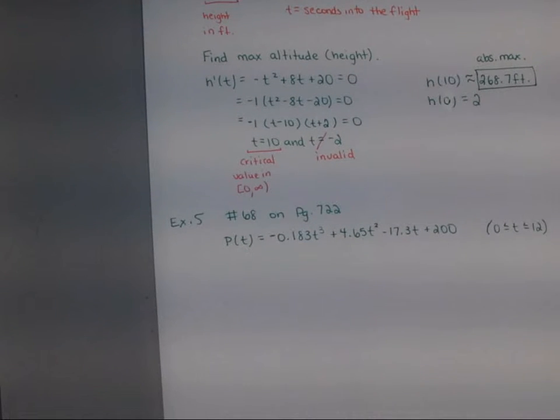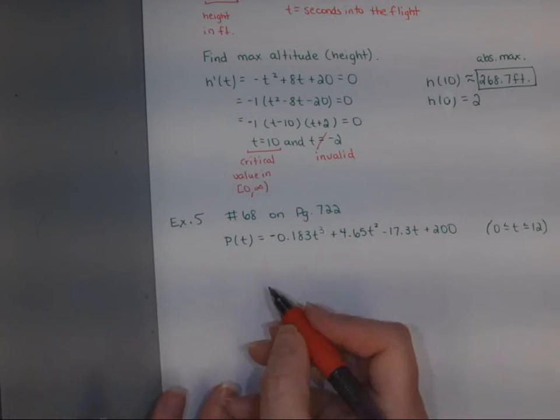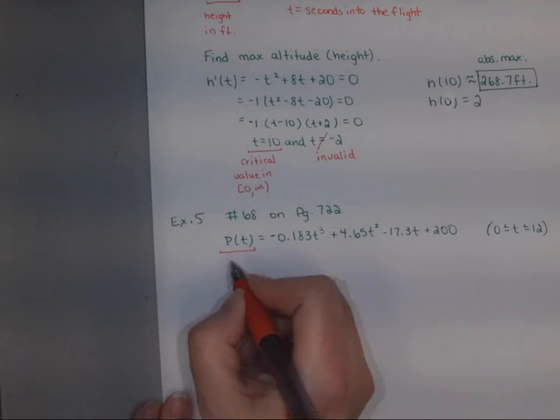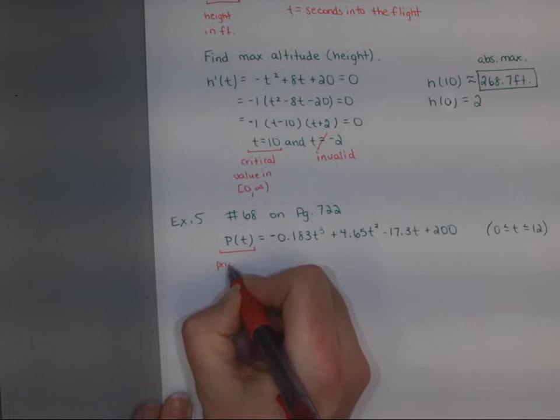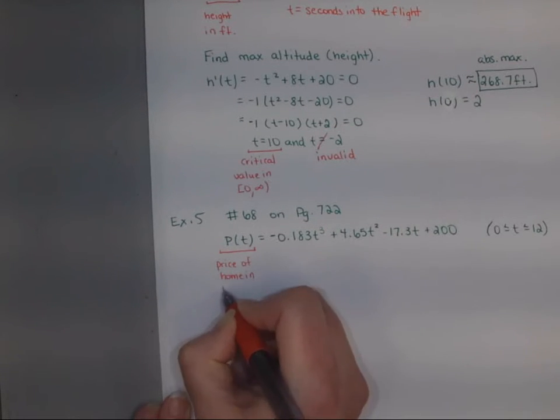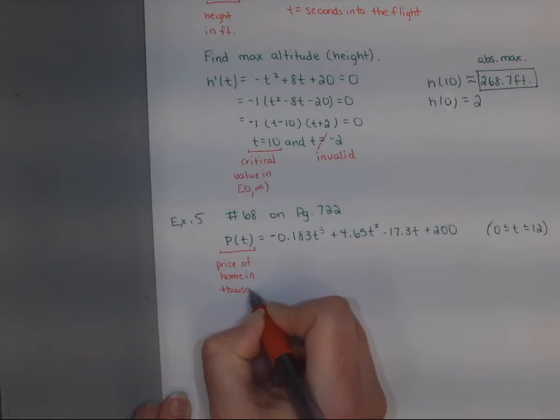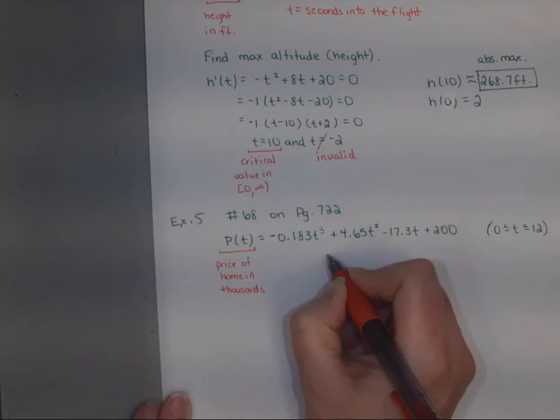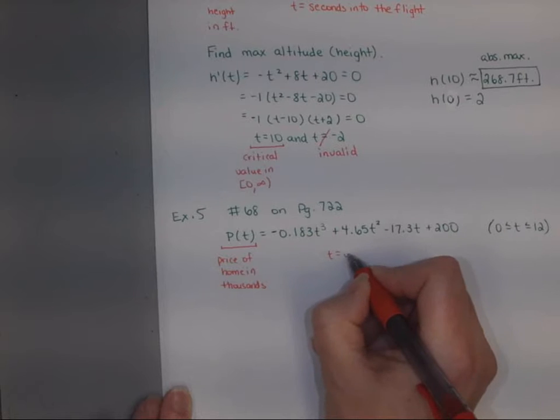Okay, so before we get started, let's make sure we know what each thing stands for. This is the price of the home in thousands if you read the problem. And t is, of course, time again, but you need to be more specific.